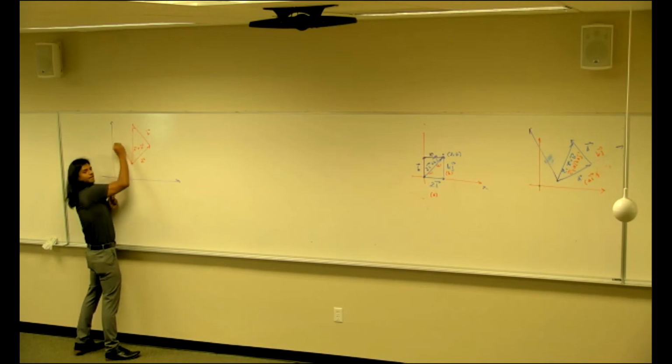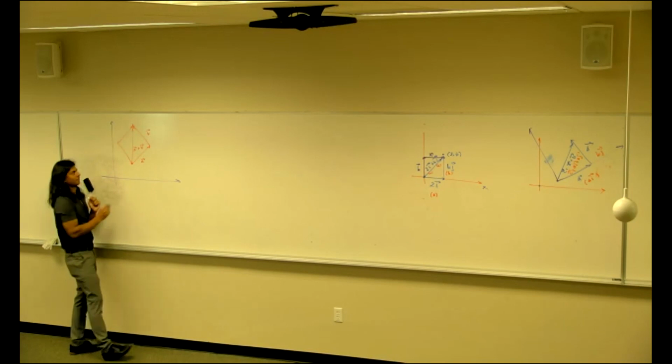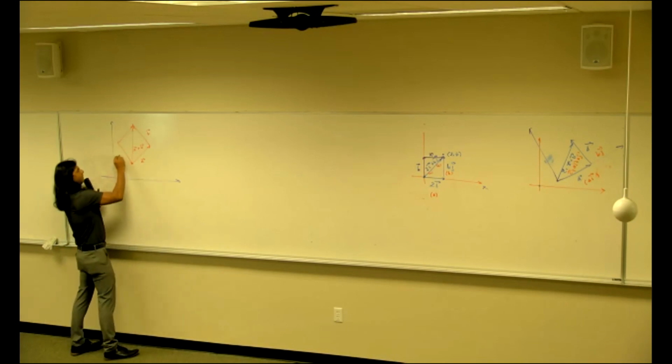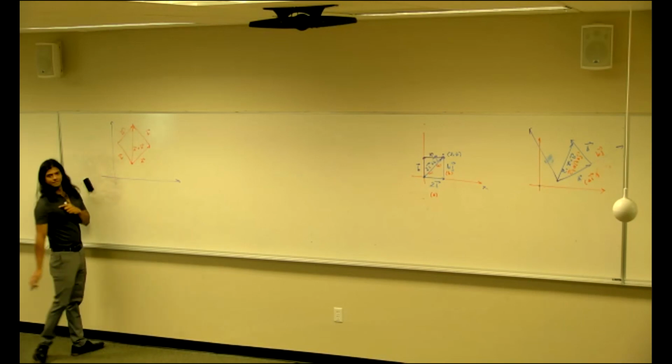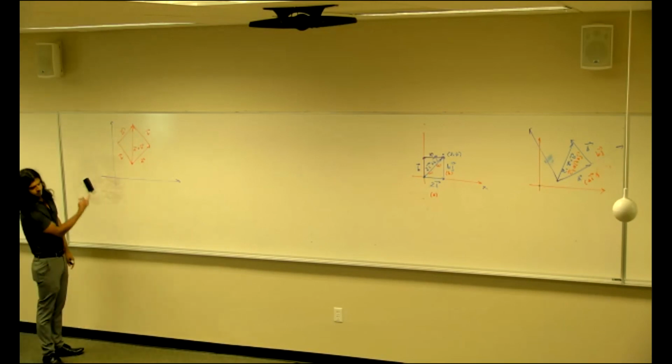Go this way, then that way. Same thing. The resultant is still A vector plus B vector. Good. Parallelogram law.